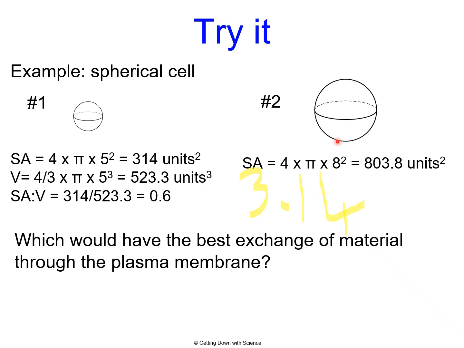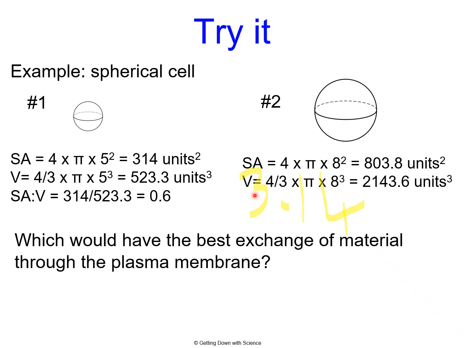Cell 2 is a larger cell, evidently, and the radius for the cell is 8. Now, plugging this into our formula, for surface area, we're going to have 4 times pi, and remember pi is 3.14, times the radius squared, and that should give us 803.8 units.